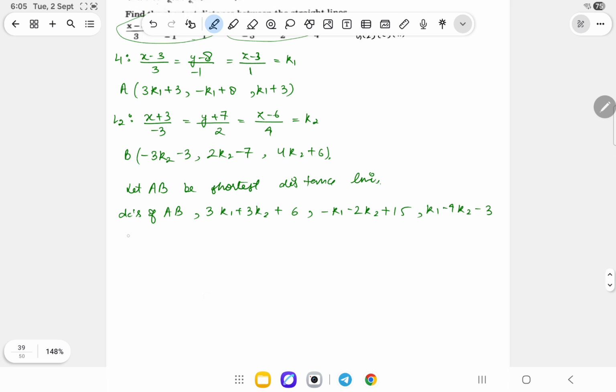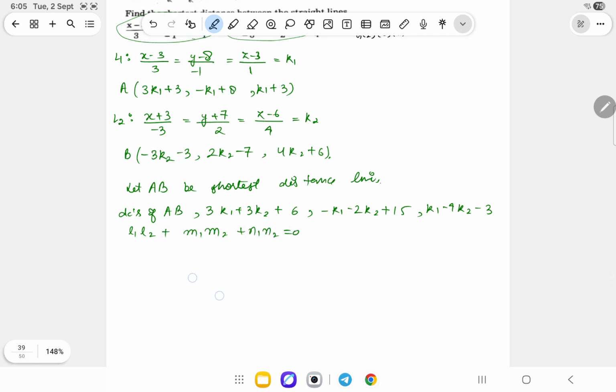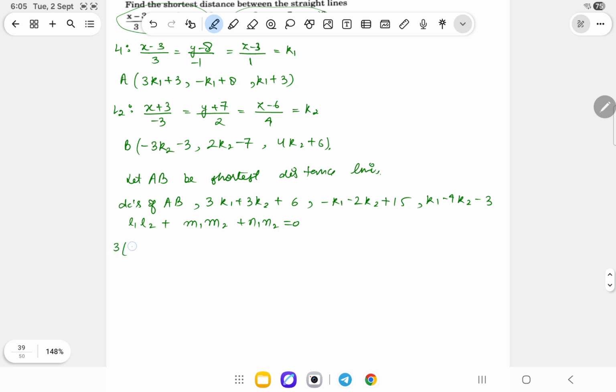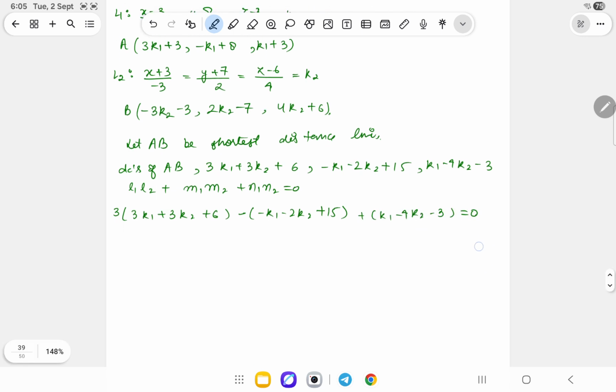So using the perpendicularity result, that says l1 l2 plus m1 m2 plus n1 n2 equals 0, and these have the usual meaning. So this gives me 3 into (3k1 plus 3k2 plus 6), minus (k1 minus 2k2 plus 15), plus (k1 minus 4k2 minus 3) equals 0.